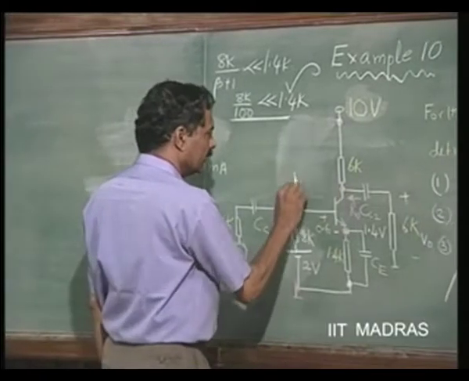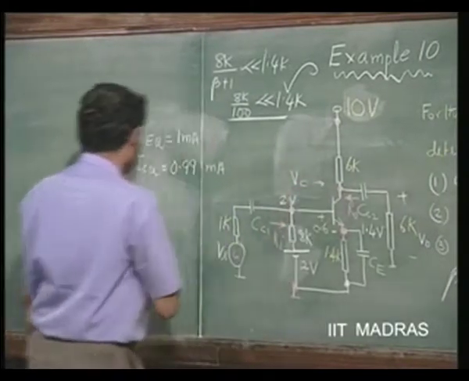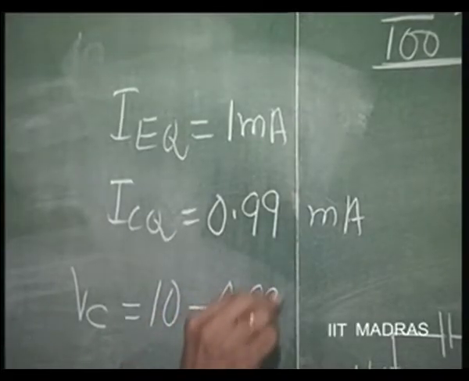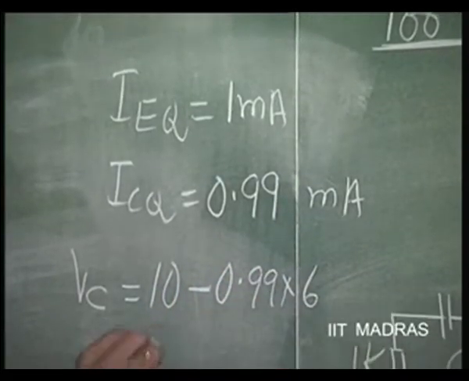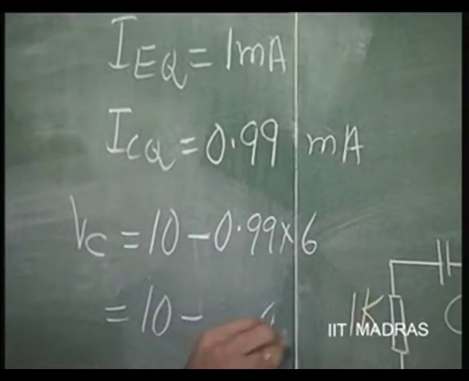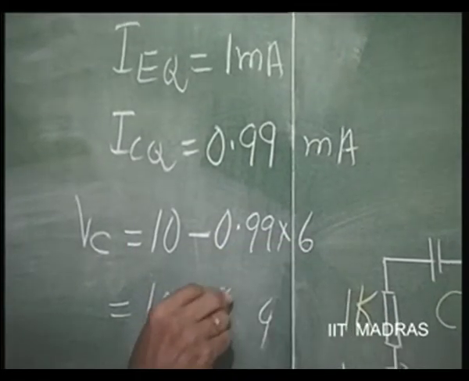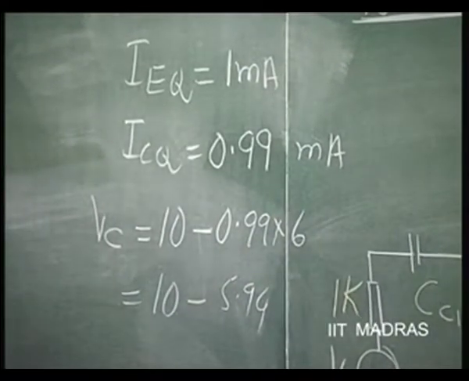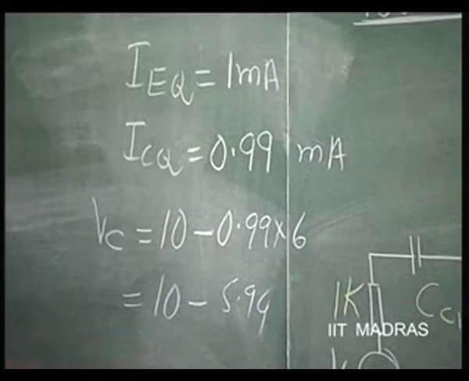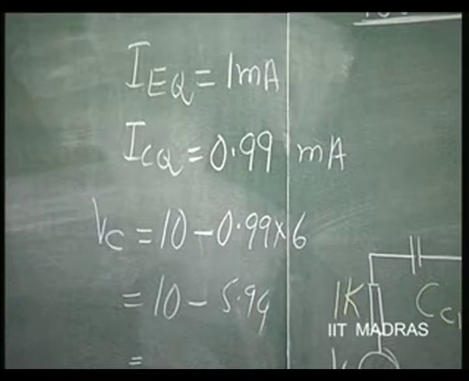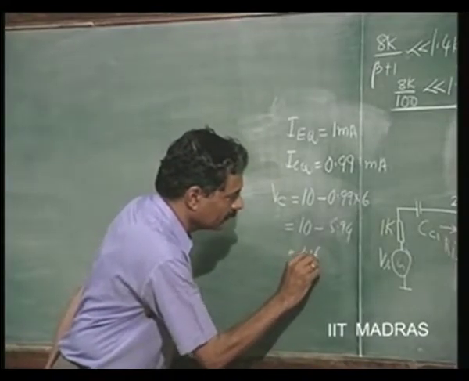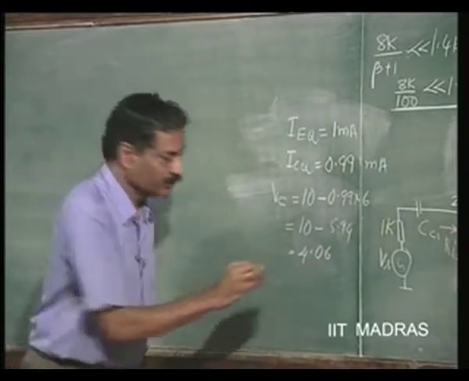So, this voltage VC is going to be 10 minus 0.99 into 6, very nearly equal to 4 volts, or actually speaking, 4.06 volts.